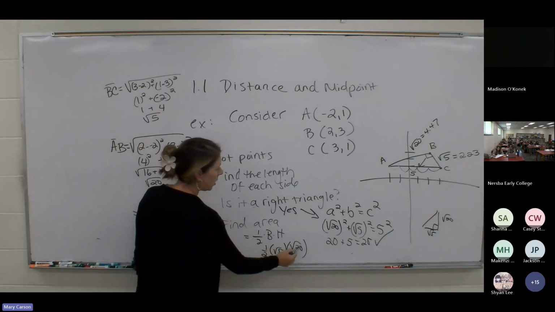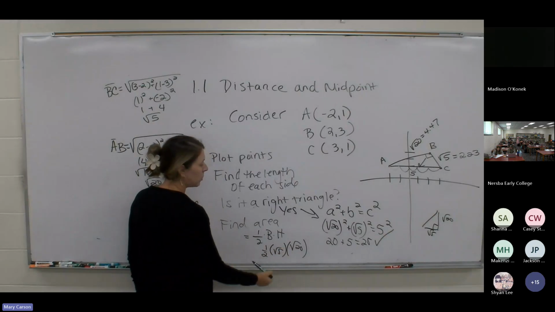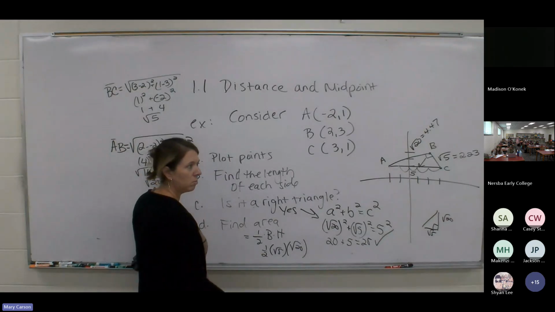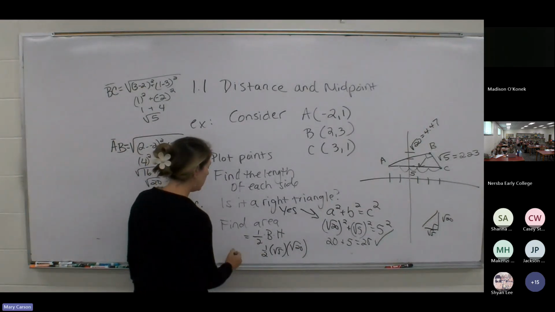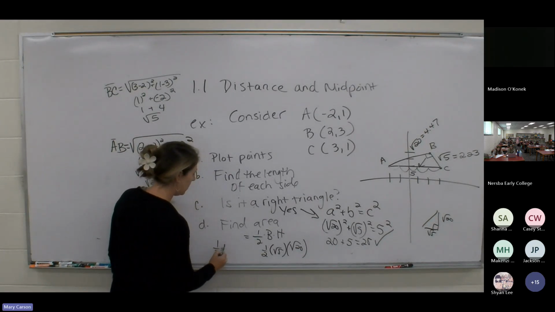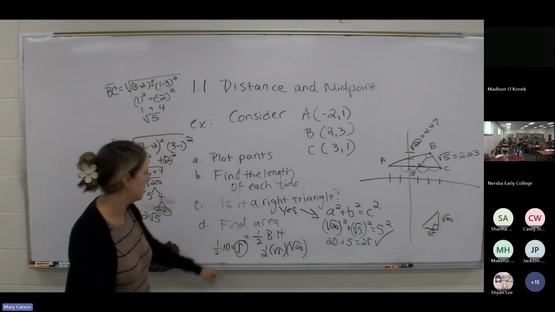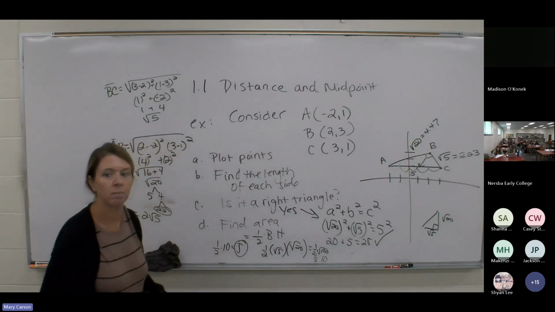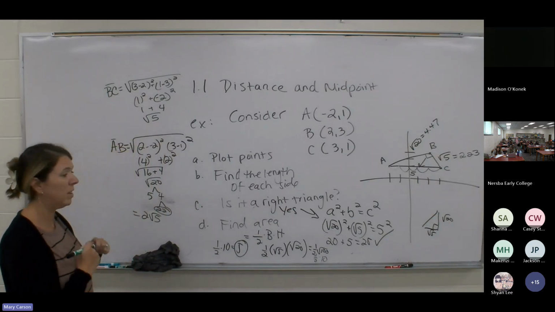And if you remember in multiplying square roots, you just multiply the inside. So this will be the square root of 100. And what's the square root of 100? 10. And so then you're doing 1/2 of 10, which is 5. So our answer on this is 5. So again, this will be 1/2 the square root of 100, which we said was 10. It's 1/2 of 10. I'm running out of space down there. But so we did a lot of stuff.